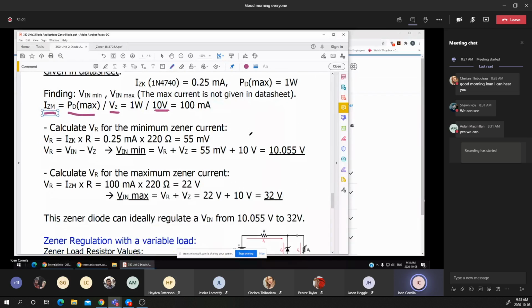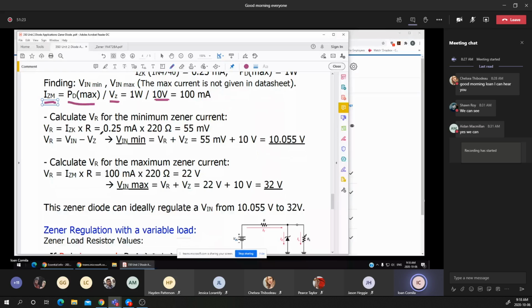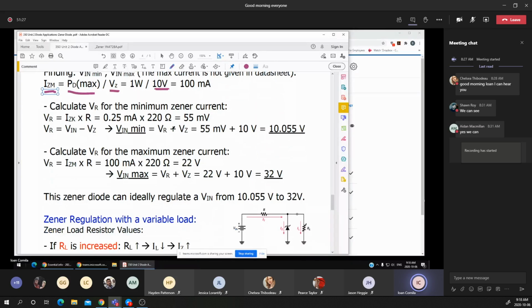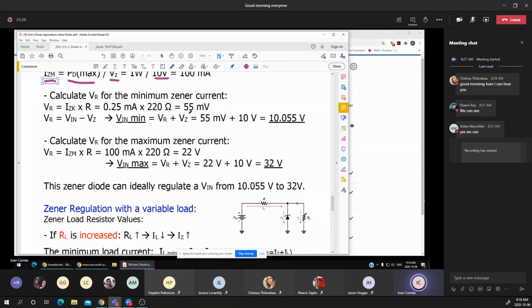Using the minimum current, the IZK of 0.25 milliamps, and the resistance given as 220 ohms, gives you a small amount of voltage, 55 millivolts. 55 millivolts plus the VZ gives you the minimum input voltage that can be applied to the circuit in order to get a constant output voltage of 10 volts.